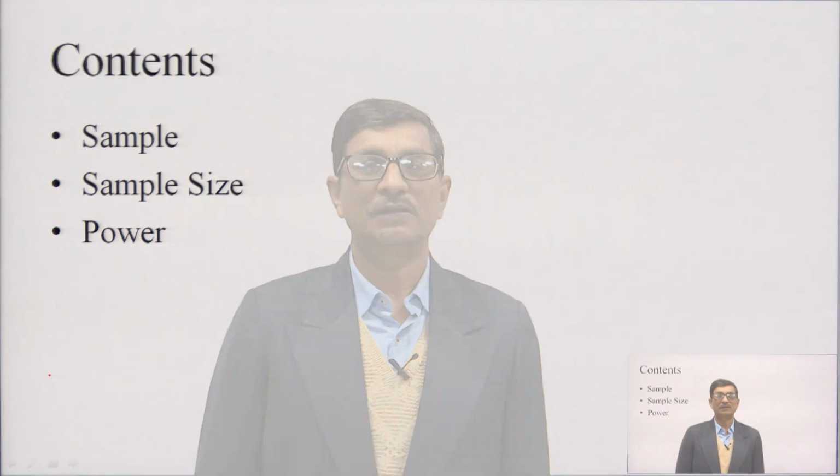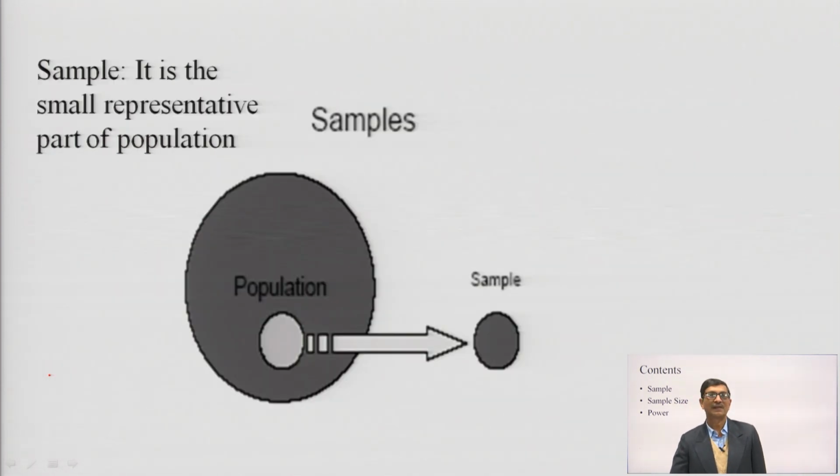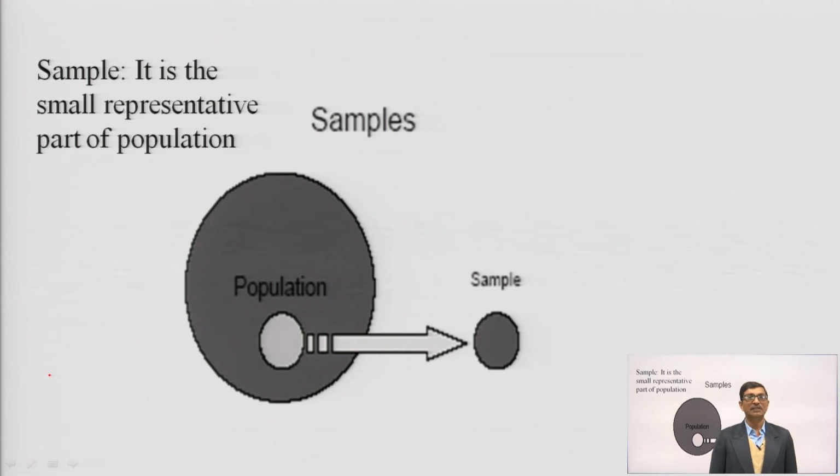The content we cover in this lecture: what is a sample, what is the sample size, and the power of a sample size. So, what is a sample? A sample is the small representative part of the population.